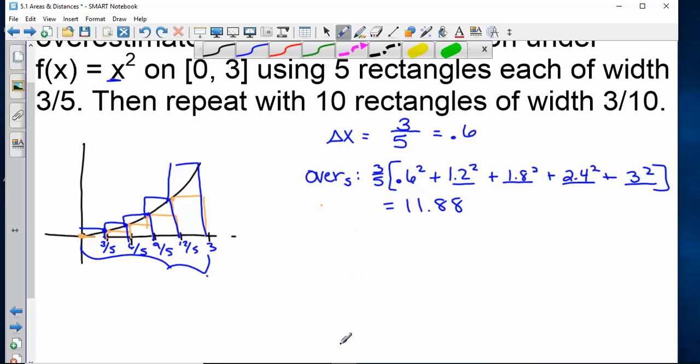And I got 11.88 for my overestimate. Questions there?